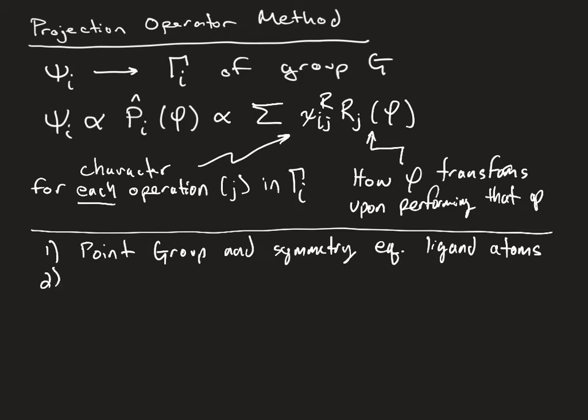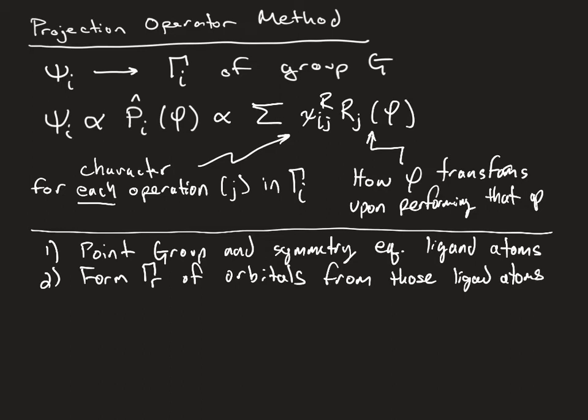The second thing is we're going to form a reducible representation, gamma R, of orbitals from those ligand atoms. That reducible representation is then going to be reduced into its composite representations from the group.